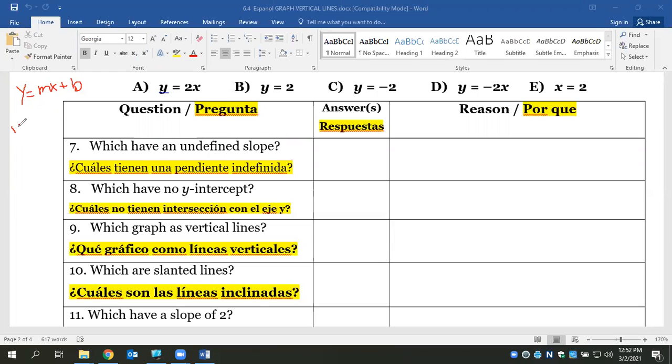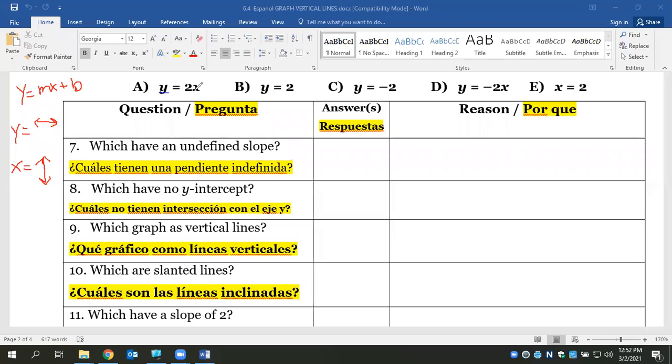If all you see is y equals, it's going to be a horizontal line. Remember Hoy? If you see x equals, it's going to be a vertical line. Remember Vux? So it's your cheat sheet. Write this down. This is going to help you.